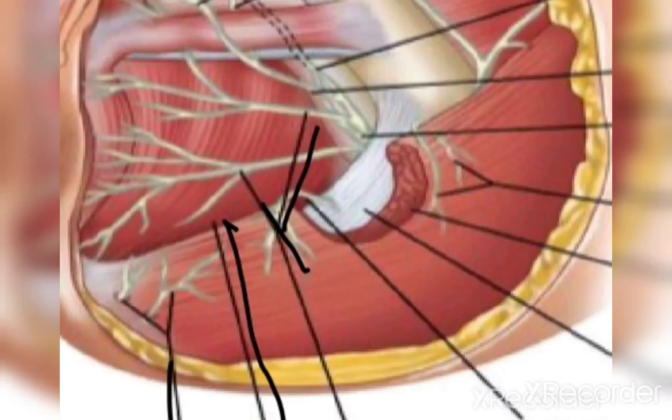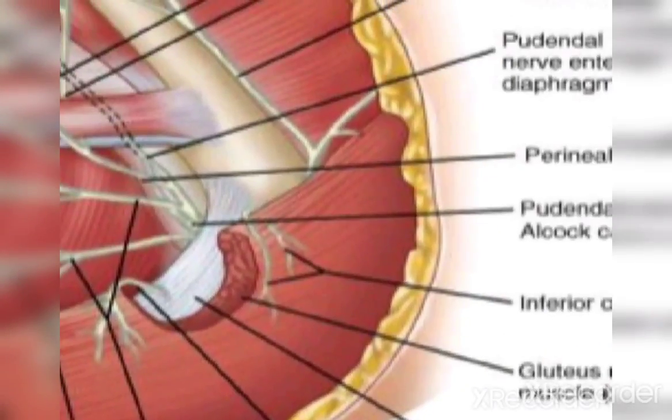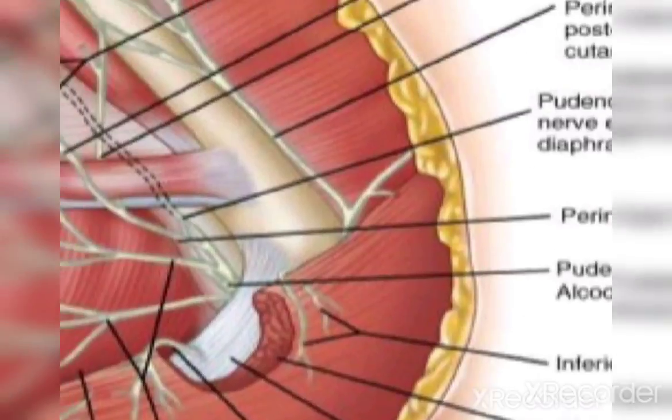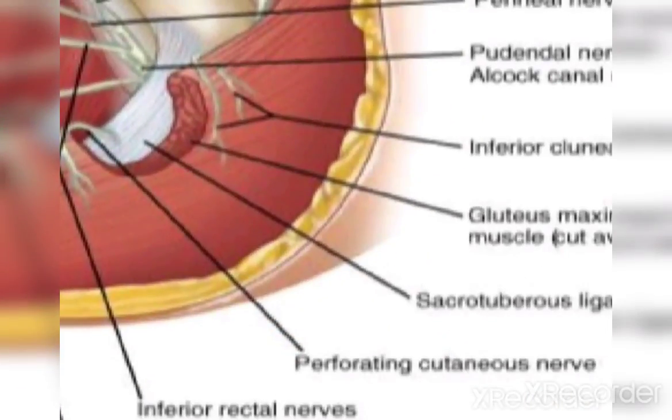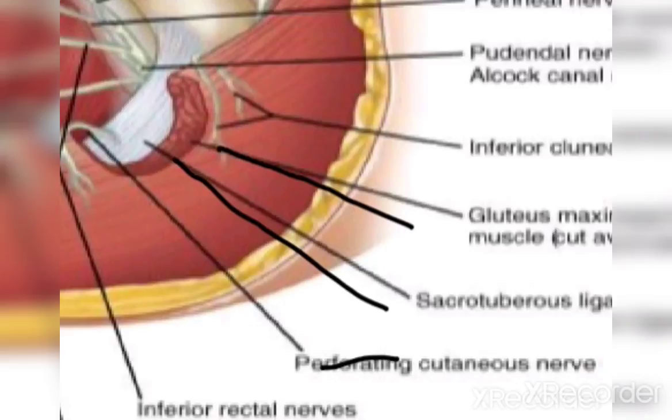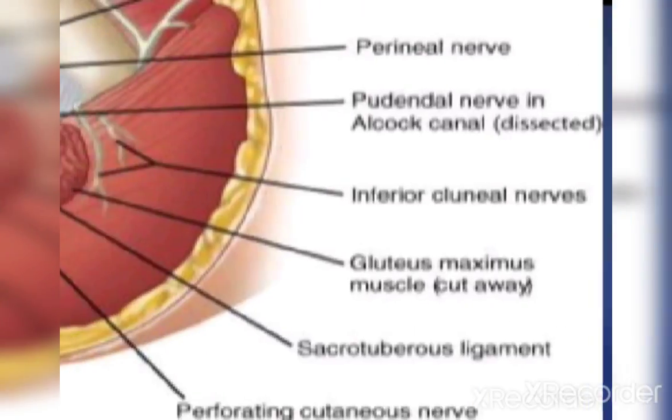These are the inferior rectal nerves because they have a relation with the rectum. That's why they are called that, in relation to the rectum. Now next is the perforating cutaneous nerve, then sacrotuberous ligament, then gluteus maximus muscle here, and these are the various other nerves.